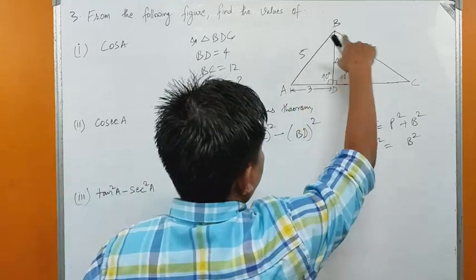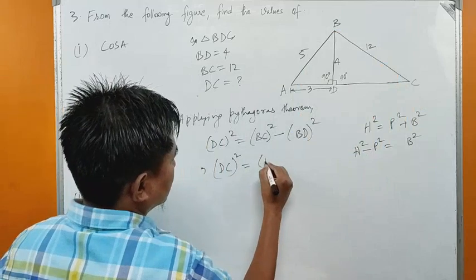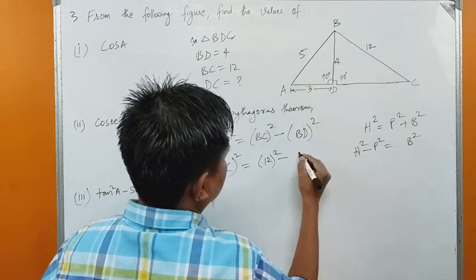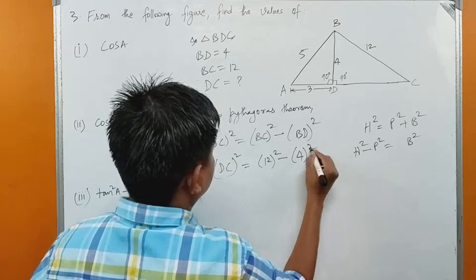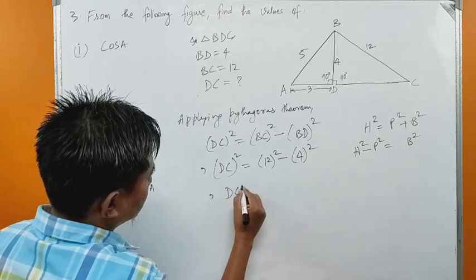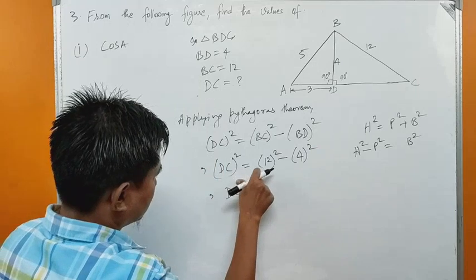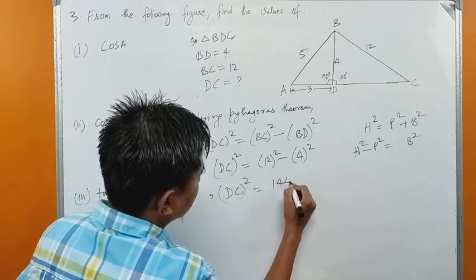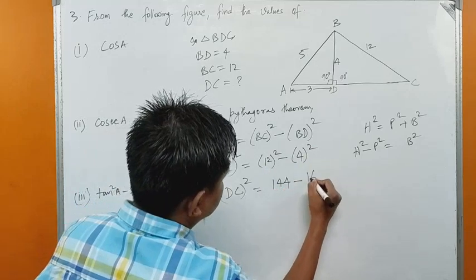BC is 12 squared minus, what is BD? BD is 4 squared, or DC square equals 12 square is 144 minus 4 square is 16, isn't it?